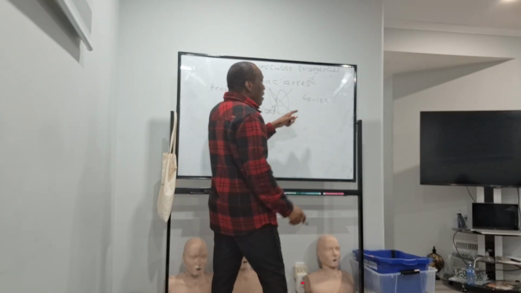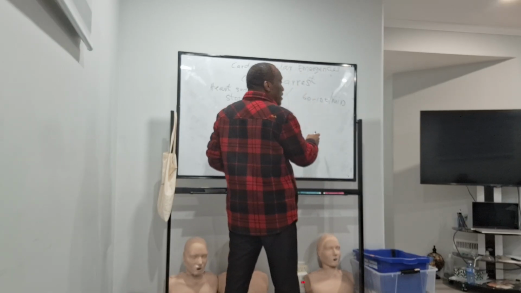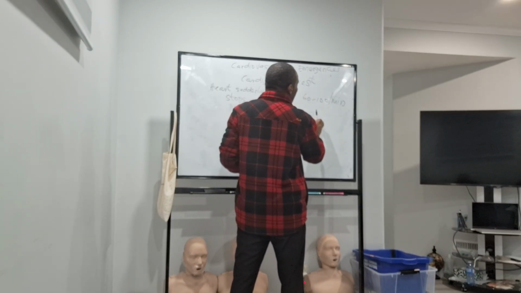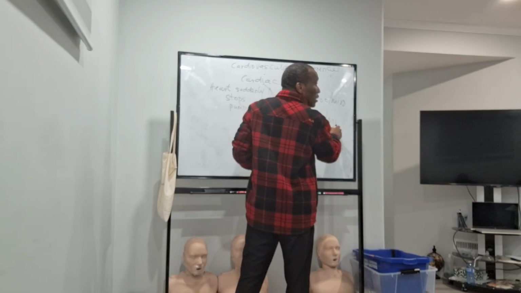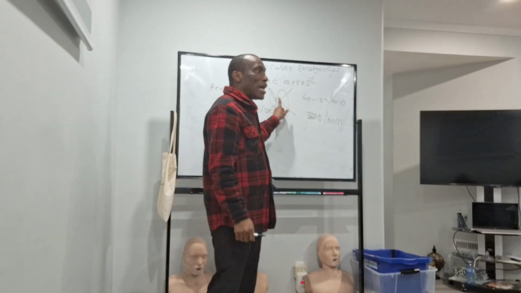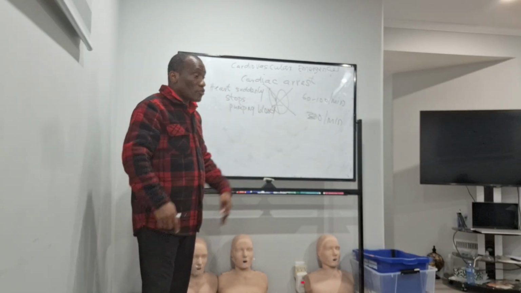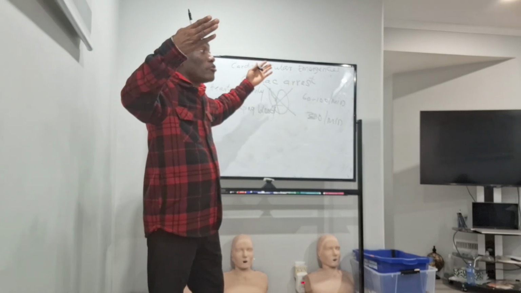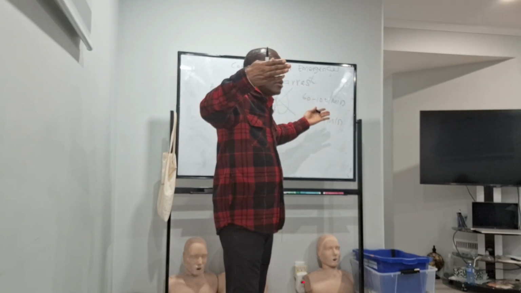Just imagine in 1 minute somebody's heart is pumping about 300 times. It can crash the heart, leading to cardiac arrest. Or some people that engage in hard drugs can crash the heart too.